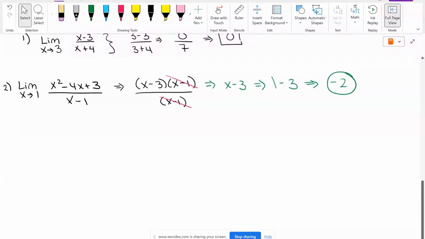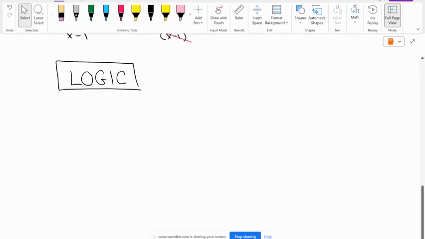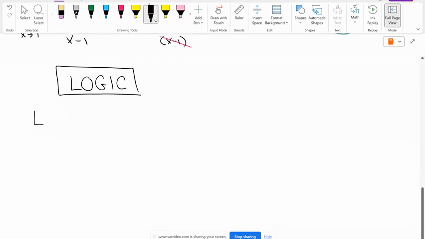All right, before we go on to our second case, I need to show you logic. Meaning we're not able to sketch it, we can't directly substitute, we can't simplify, meaning none of the other previous ones work. So I call it logic. The limit as x approaches 0 of 1 over x squared.